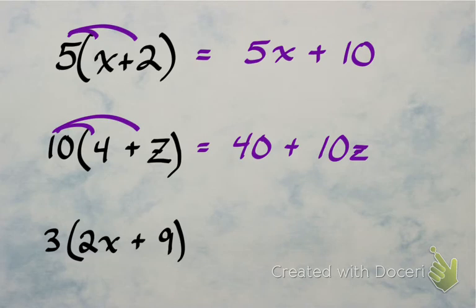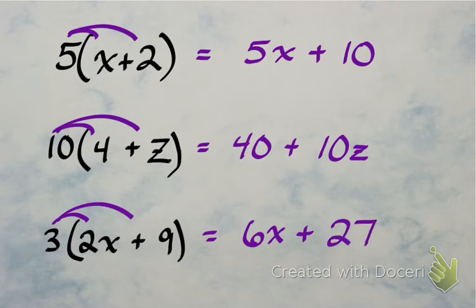Last example, distribute the 3. Whoop, whoop. 3 times 2x is 6x. 3 times 9 is 27. So all we're doing is distributing that term on the outside, multiplying it times everything on the inside.